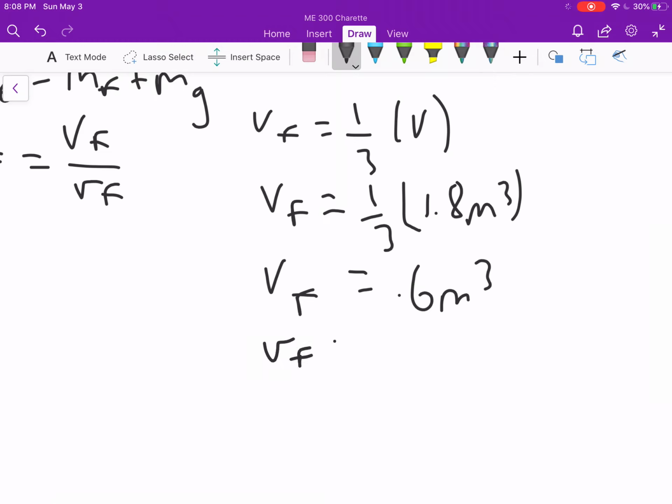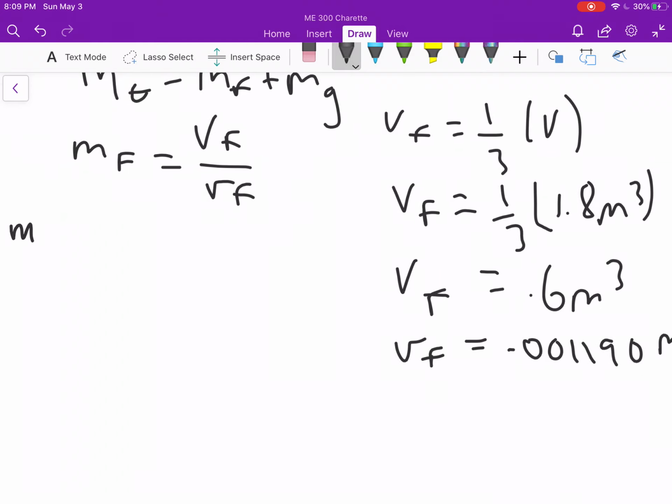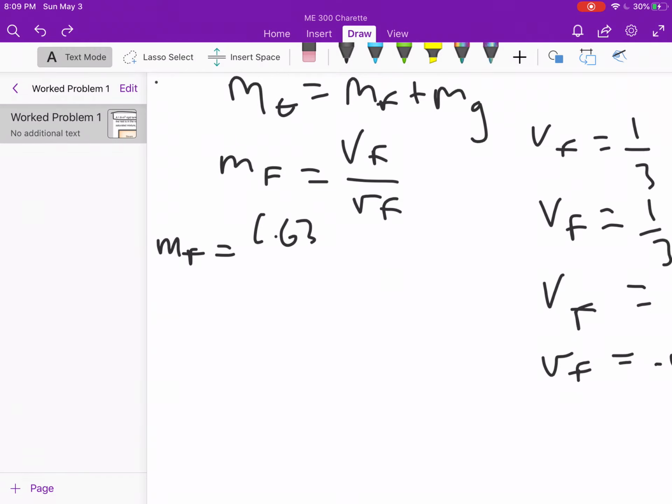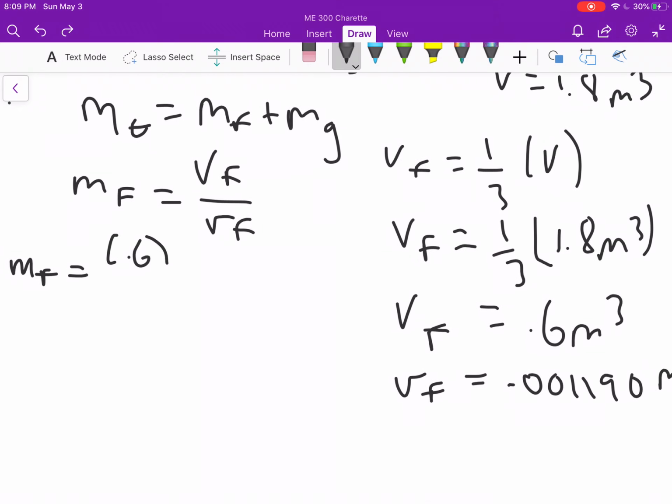So our specific volume equals 0.001190 meters cubed over kilograms. So finally, our mass for saturated liquid is going to equal 0.6 over 0.001190.